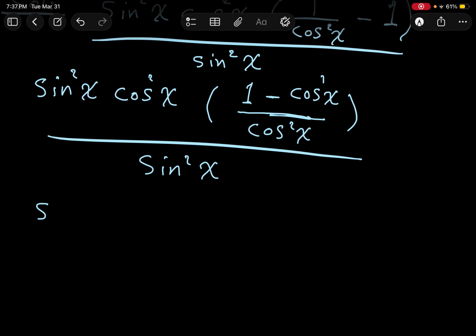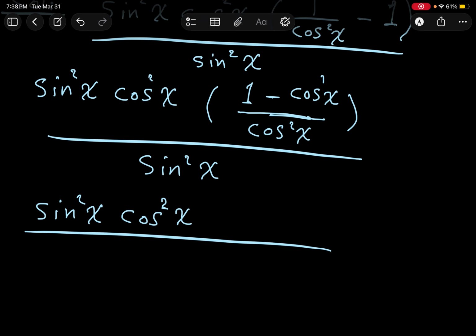Again, write sine square x, cosine square x. I'm going to solve it step by step. I can solve it in 1 step or 2 steps, but I'm going to solve it step by step with respect to the level of the student.